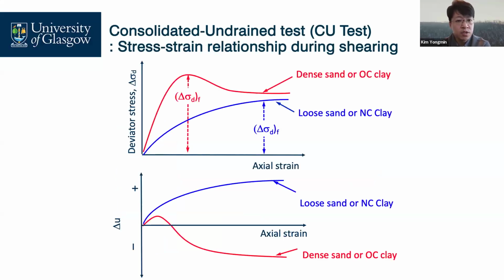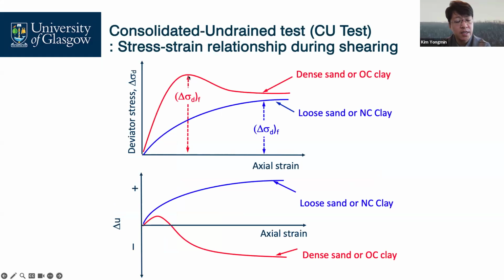So similar to the CD test, we have a dense sand or OC clay, we have a peak value. And then loose sand and normally consolidated clay, we have a non-peak and then reach the critical state.